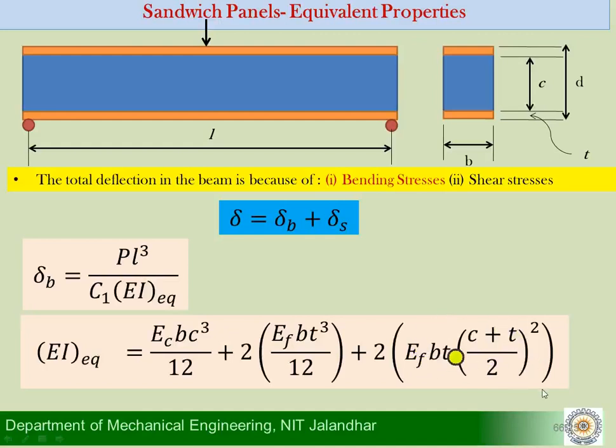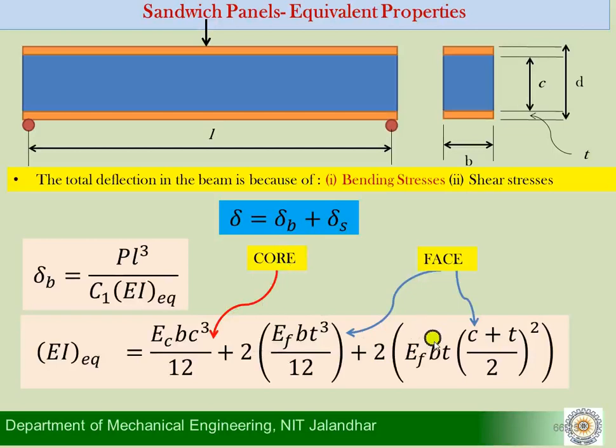And that is why the next term helps us. What is the next term? The next term is coming out of your parallel axis theorem, so that you are able to find the I value and the EI value around the centroidal axis of the beam. So the first term was for the core, and the next two terms are for the face. So it is EF into BT cube by 12 plus, what is this?